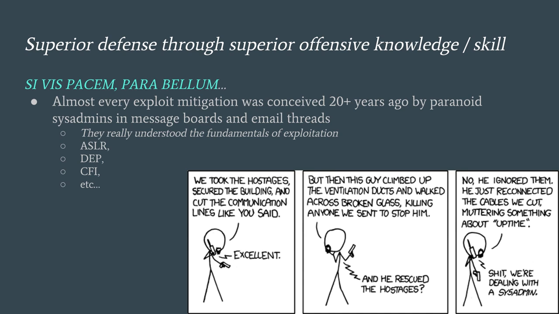They haven't changed much over the years. They came up with the concepts of ASLR, DEP, and CFI, especially in terms of having a shadow stack for control flow data and other mechanisms. And I'd like to point out the XKCD comic at the bottom. It's a play on the Die Hard 1 movie.